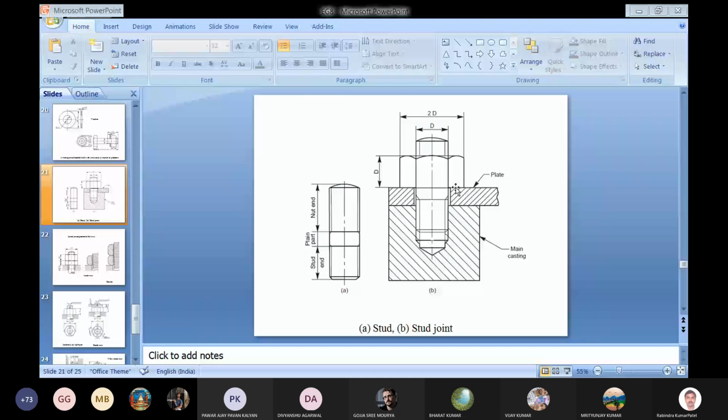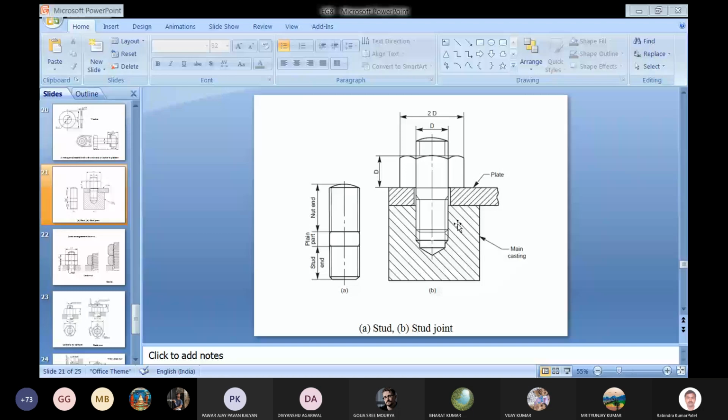This helps in retaining the threads within the main casting. Otherwise, if we disassemble the stud from the main casting again and again, wear of the component will take place. To avoid this, we use this type of joint, that is the stud joint, wherever required.